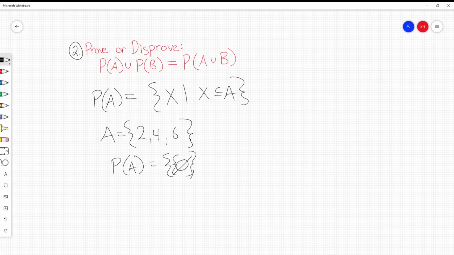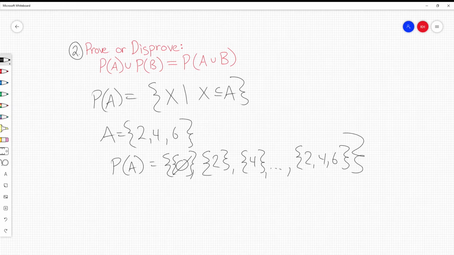No matter what you take the power set of, the empty set's always in there. We also have {2}, {4}, {2, 4}. It's basically all the possible combinations. And the last one, of course, would be {2, 4, 6}. A is always a subset of A, so A is always in its own power set. But yeah.